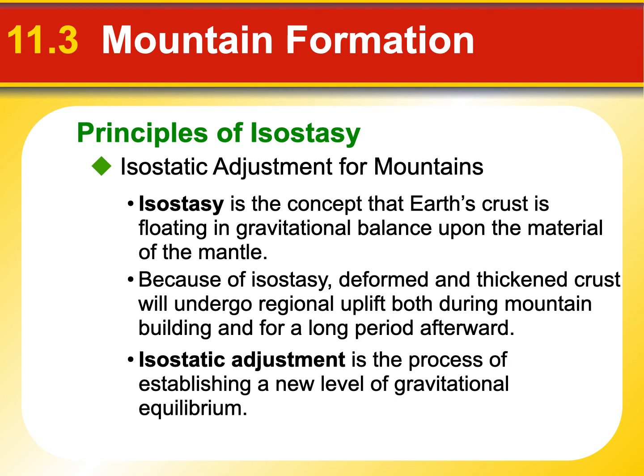And that process is called isostatic adjustment. So that's the process where you establish a new gravitational equilibrium as those blocks are lifted up because you remove material off the top of them. So you just have to think about how heavy they are, and that gives you an idea of how they're floating.